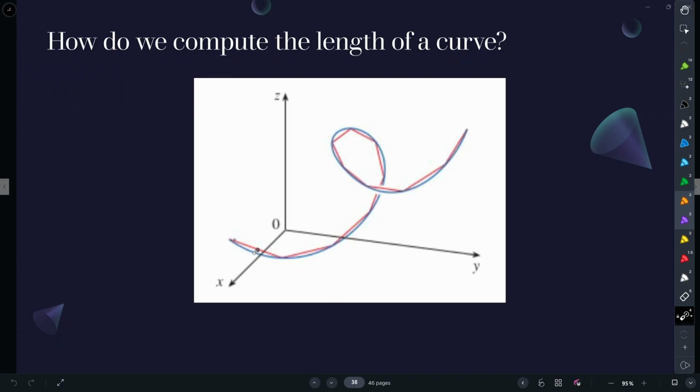You can see that if I have a curve here in blue, then I can approximate its length by doing a polygonal approximation of that curve. And the sum of the lengths of those segments would be the length of the curve, or an approximation of it. And then you can just use the same idea in calculus that we've used over and over again, which is to make those intervals shrink.